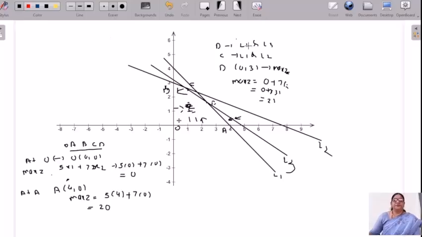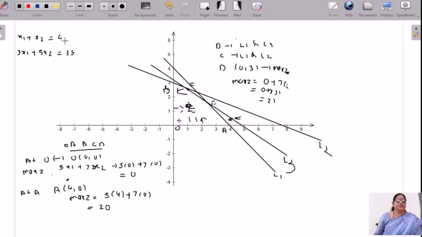We find the point of intersection of L1 and L3, and similarly L1 and L2. For the intersection of L1 and L3, L1 has the equation x1 plus x2 equal to 4 and L3 is 3x1 plus 5x2 equal to 35.